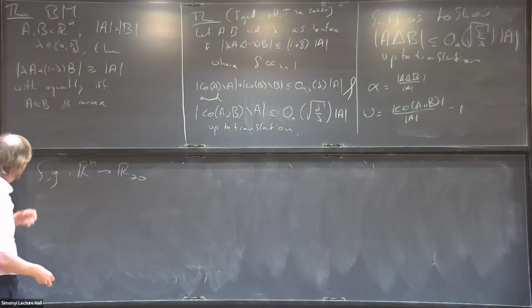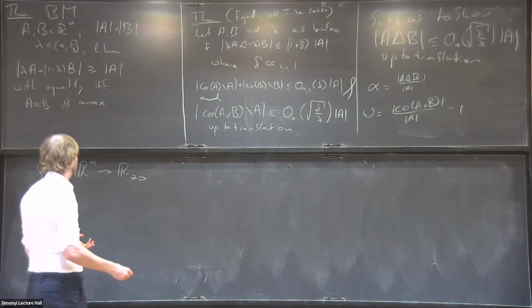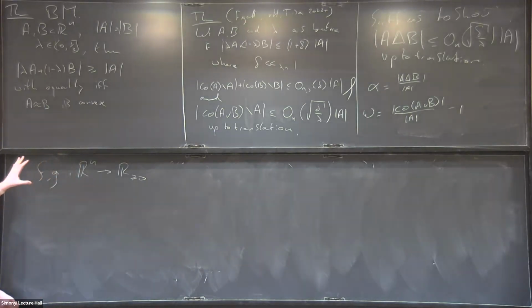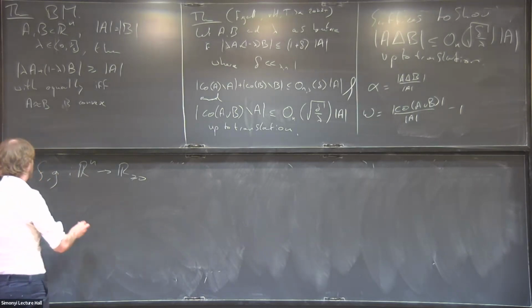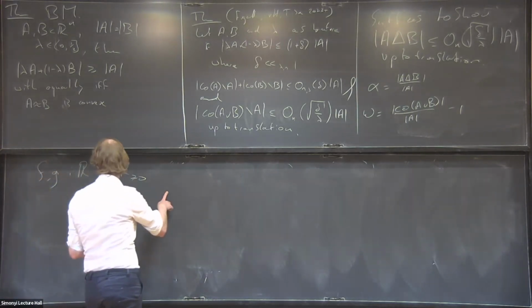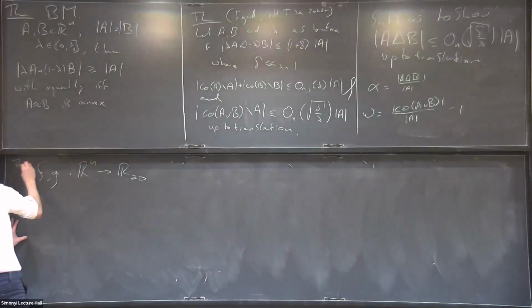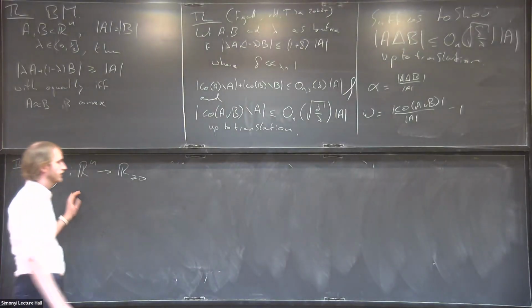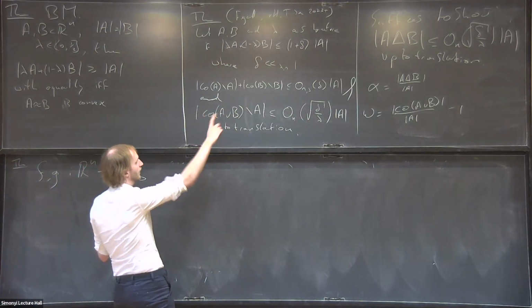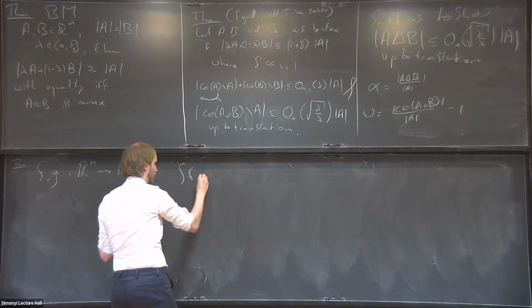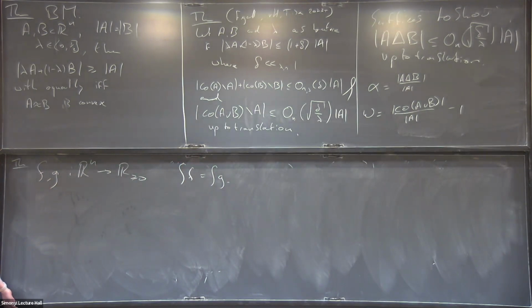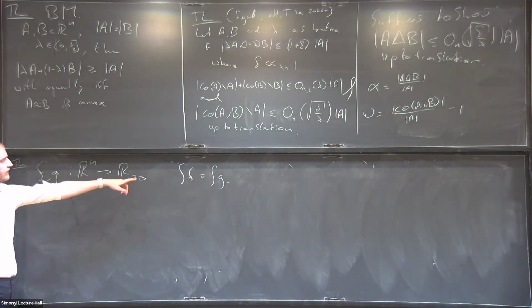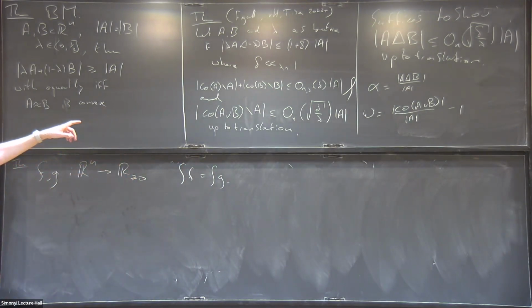And there is a similarly spirited theorem called Brascamp-Lieb's theorem, which says that if I have these functions, which are, like before, normalized so that the integral of f is the integral of g, and now I would like to have a notion of this sum set.